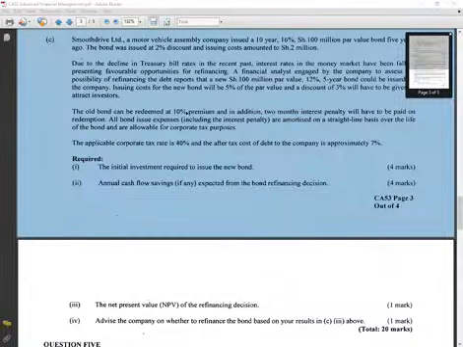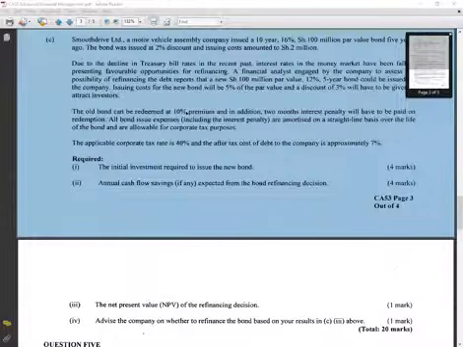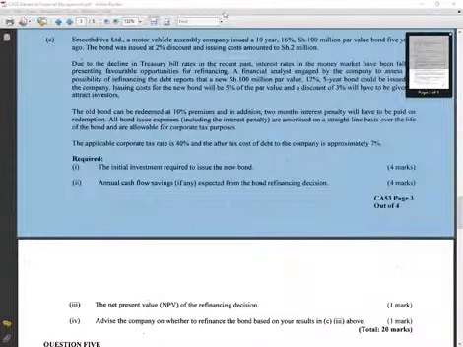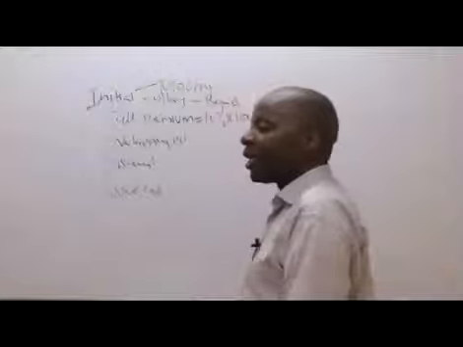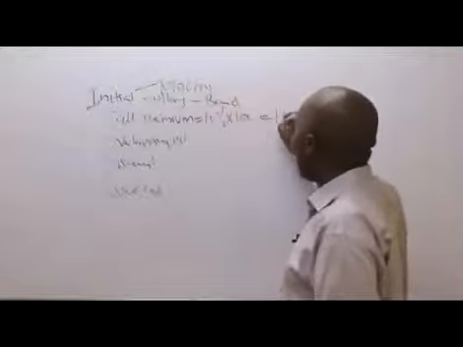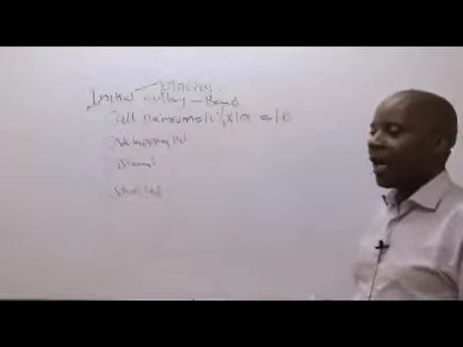Give us something on top of the par value, and this something is 10%. Therefore, the call premium will be 10% of the par value, which is 100 million. So 10% of 100 million gives us 10 million.